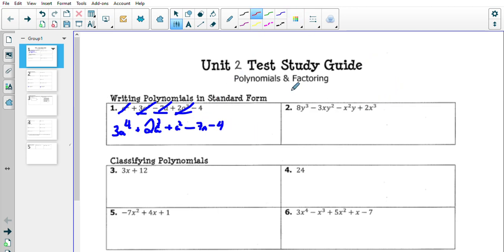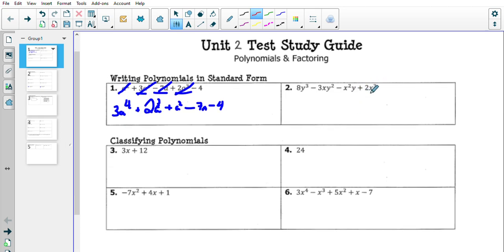Okay? Now we can do the same thing here in number 2, except in number 2 we can see we have both x's and y's. Now, remember, we have to look in terms of alphabetical order. So we look at our x's first. We look at the highest exponent first. The highest exponent of the x being this 2x to the third. So we've got a 2x to the third.